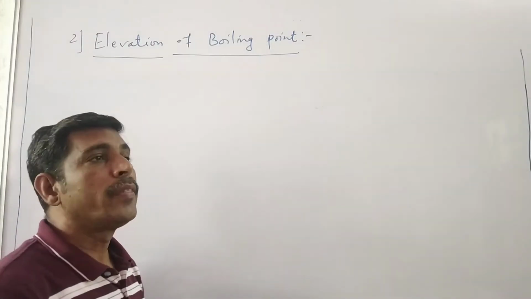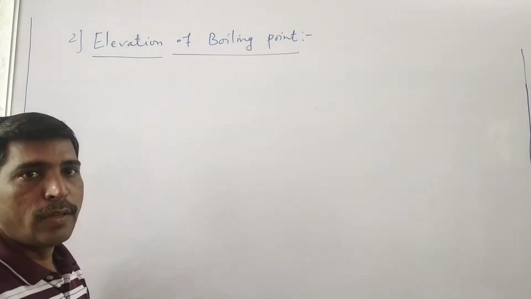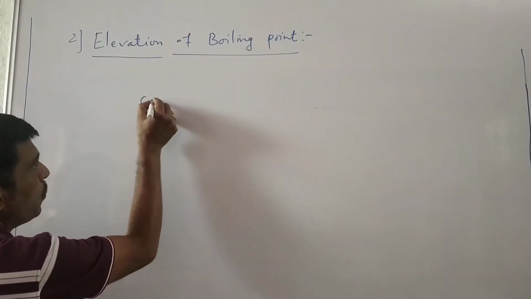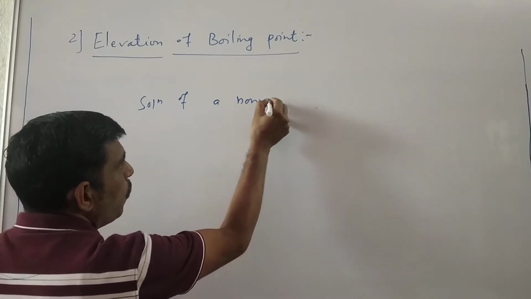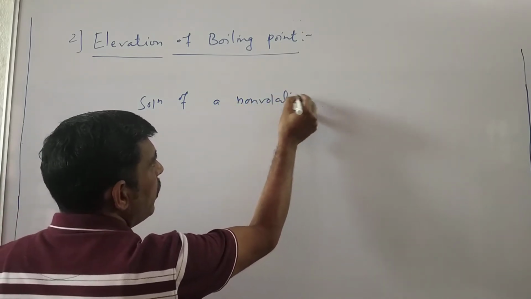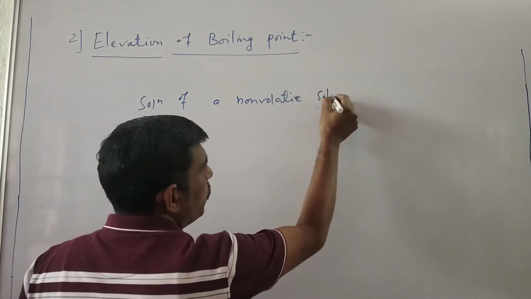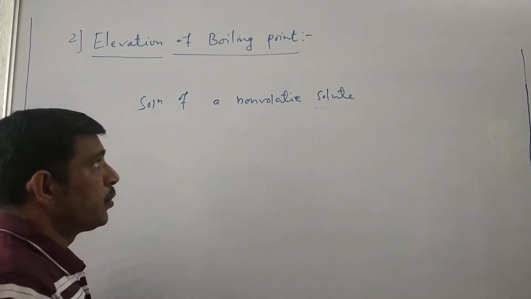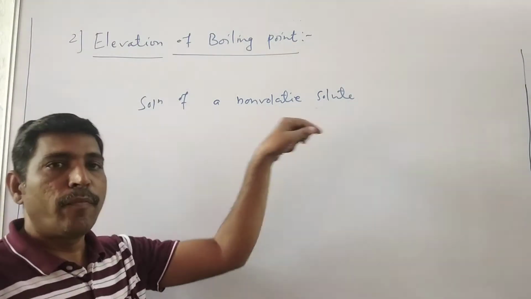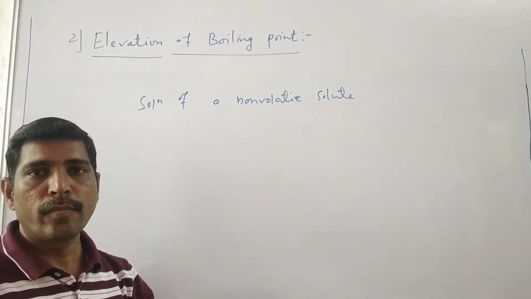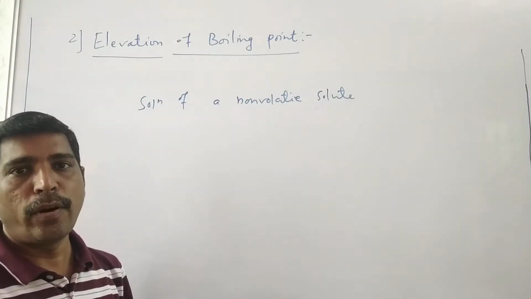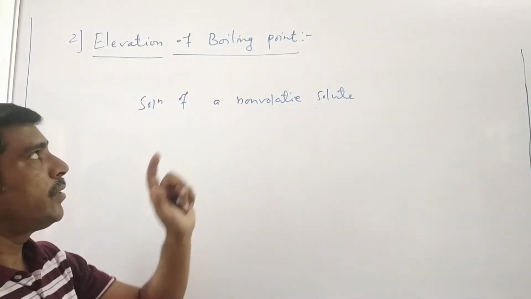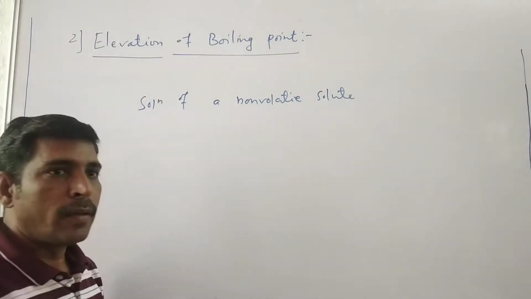That is a solution of a non-volatile solute. Okay. So here the non-volatile solute is present in a solvent, then it shows an increase in the boiling point, and that is nothing but the elevation of boiling point.